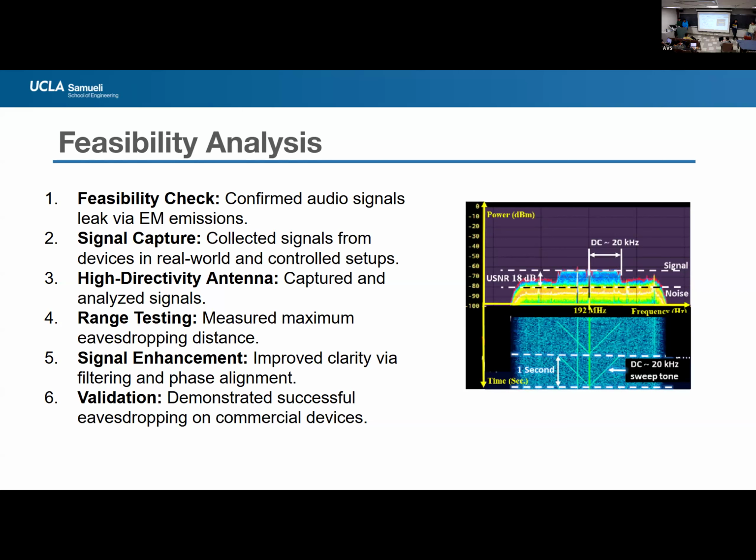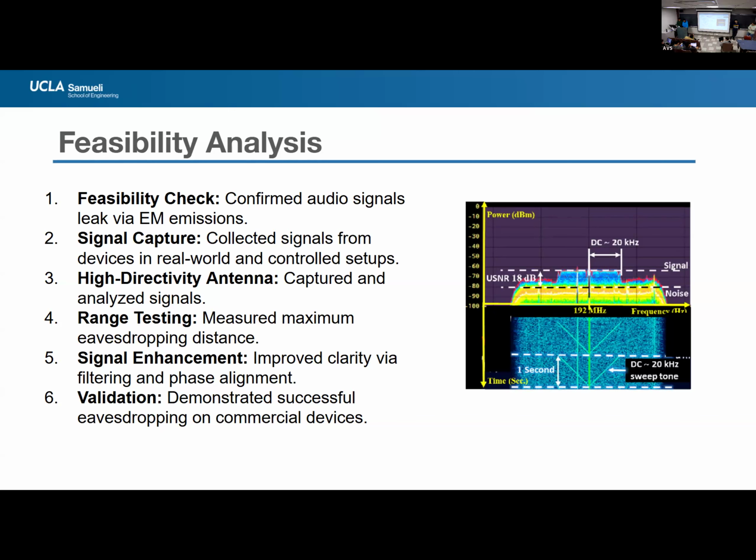The overall measurement of the signals is done using high directivity antennas. These are set up to capture the radiated signals, and then we analyze the spectrum of these signals and understand the behavior in different settings. We also measure the maximum effective range of the attack, where the audio signals are reconstructed with enough clarity.